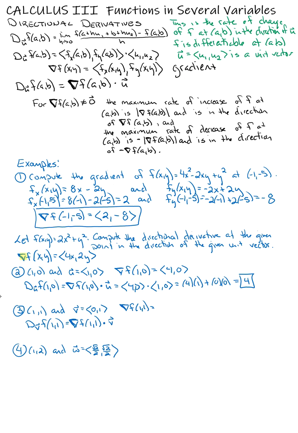Again, we have our gradient up here, evaluating that at 1, 1 gives us 4, 2. So we're going to take the vector 4, 2 and dot it with our unit vector there, 0, 1.